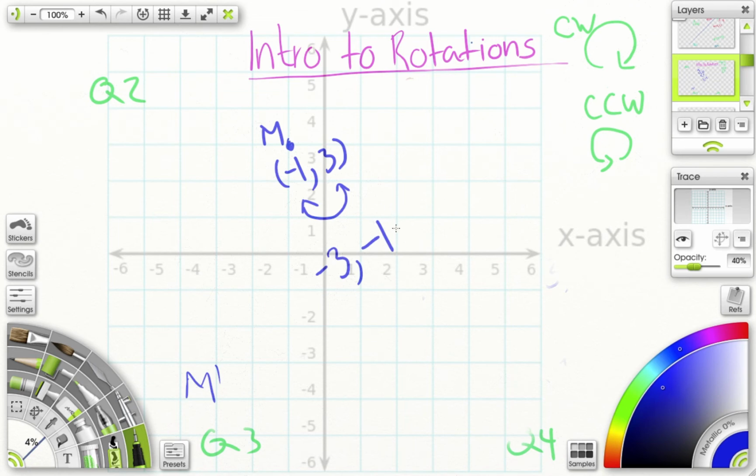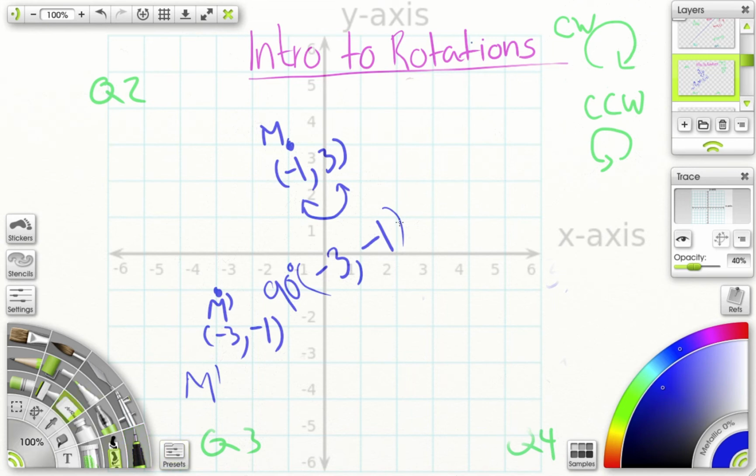This one stays the same. This doesn't become an opposite, it stays the same. So only the first digit would change. And that's for a 90-degree rotation. So I go 3, -3, -1. So I end up somewhere over here. That's my M prime, which is -3, -1. That's my 90.